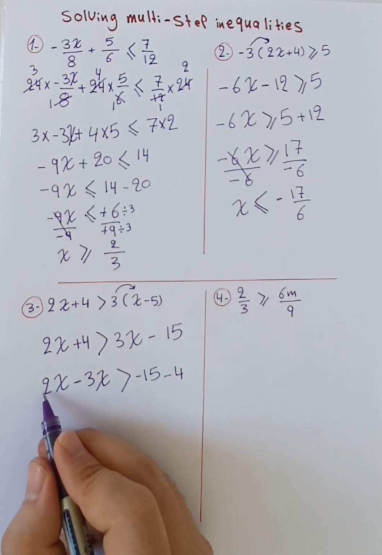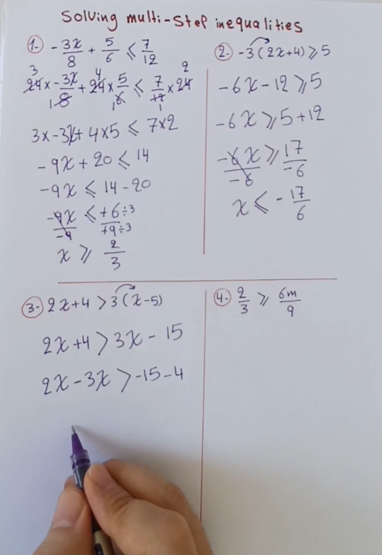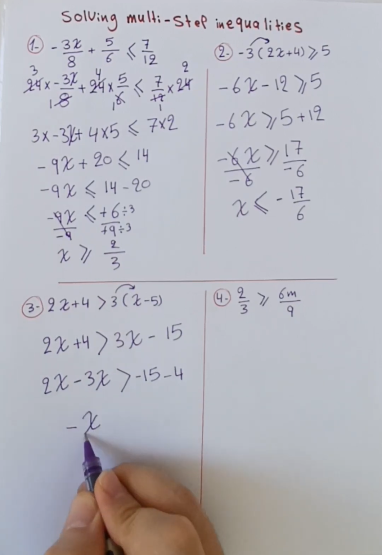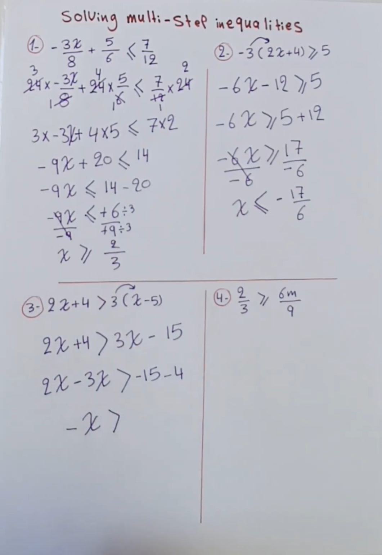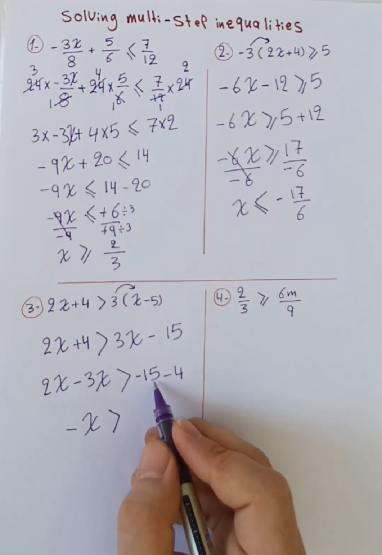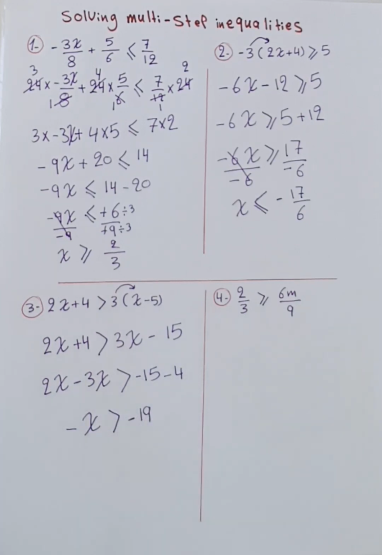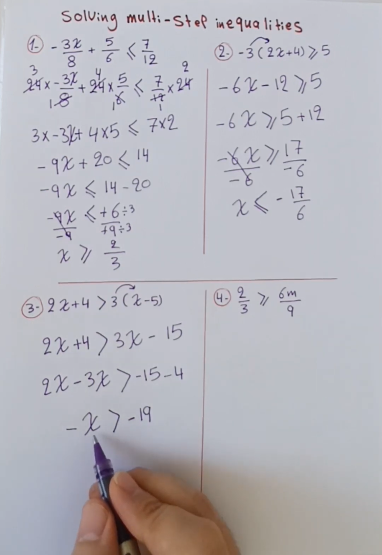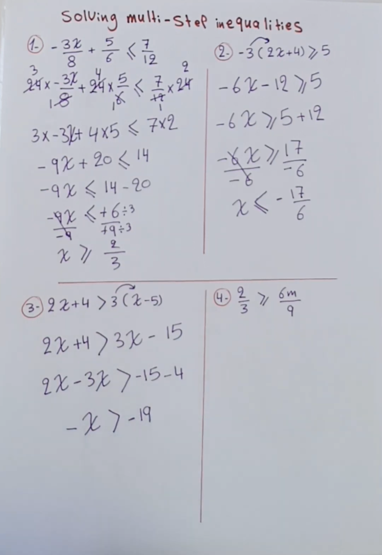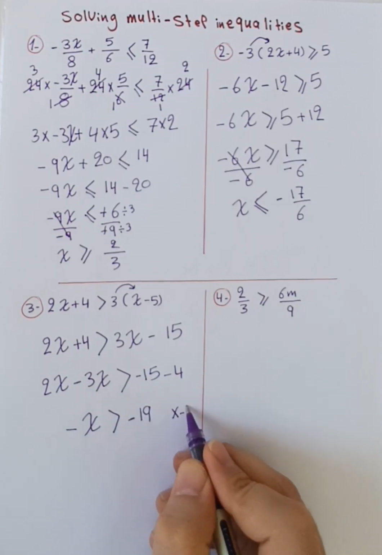After that, plus times minus is minus. 3x minus 2x is negative x. And then minus times minus is plus, so we add these two numbers: 15 plus 4 is 19, and we write the sign of the larger number. After that, the variable should not be negative, so we have to multiply both sides by minus 1.